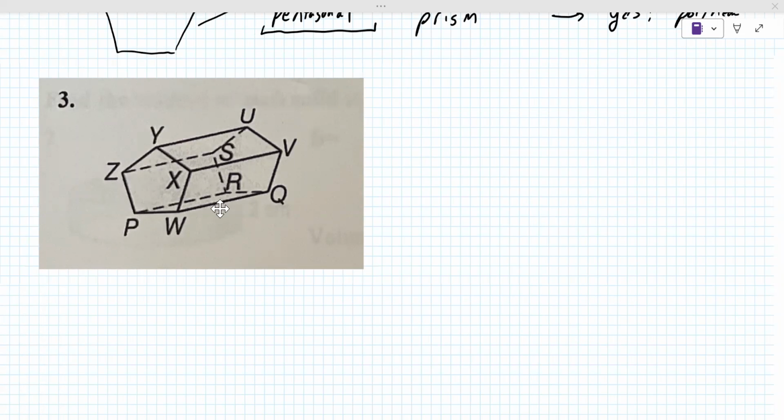You could argue that it's sitting on one of these rectangular regions, but imagine it flipped up. To me, the base that it would sit on is this pentagon here, PWXYZ. And it could also be the other one, PRQW?